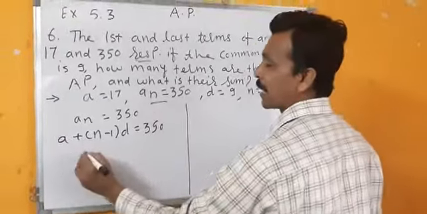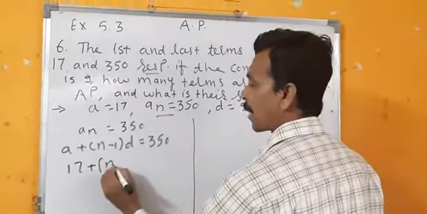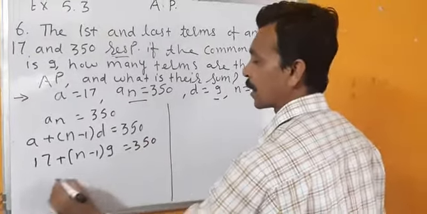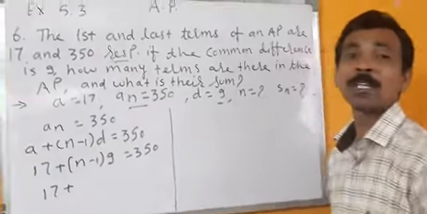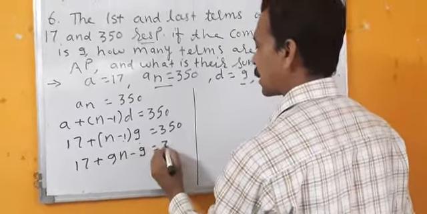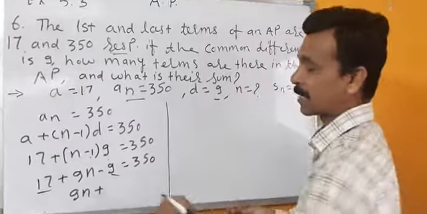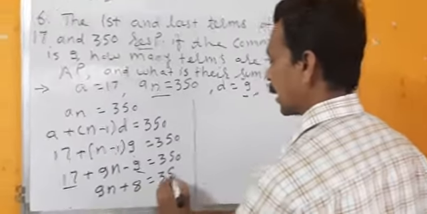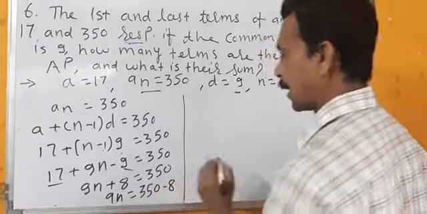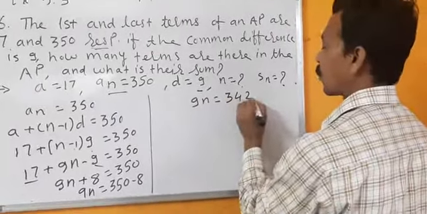What is the value of A? 17 plus N minus 1 into, what is the value of D? 9 is equal to 350. 17 plus, open the bracket, 9 into N, 9N minus 9 ones are 9 is equal to 350. 9N plus 17 minus 9 is 8 is equal to 350. 9N is equal to 350 minus 8. 9N is equal to 342.